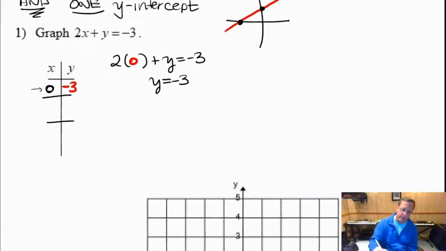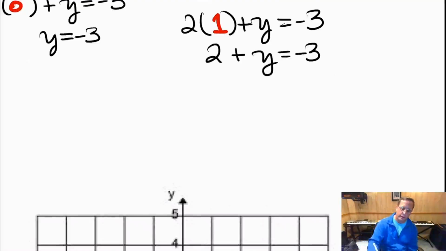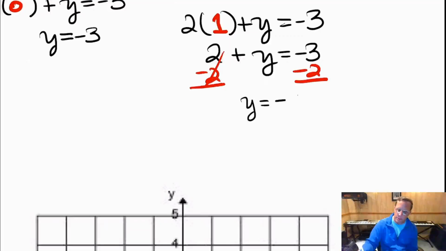All right, and then let's go ahead and put in another number. Let's say we put in 1 this time. So we're going to do 2 times x plus y equals -3. Put a 1 right there. So 2 times 1 is 2. Then take away 2 from both sides, and we get y equals -5.